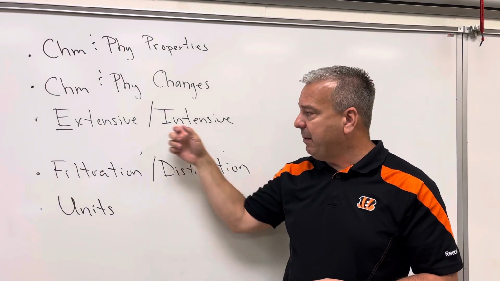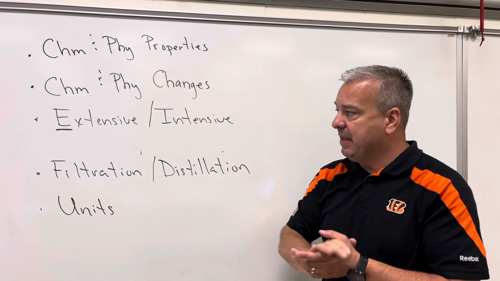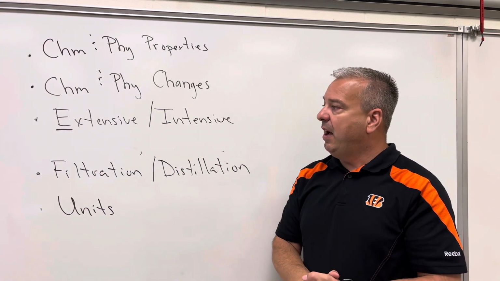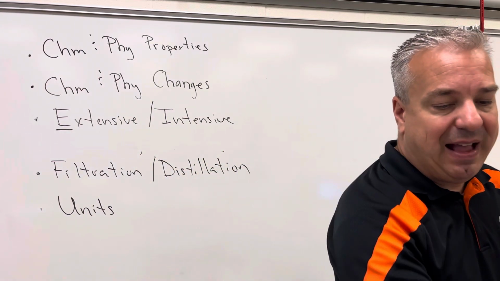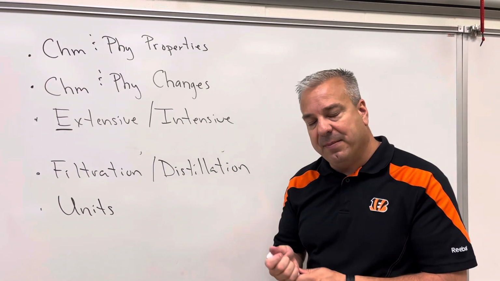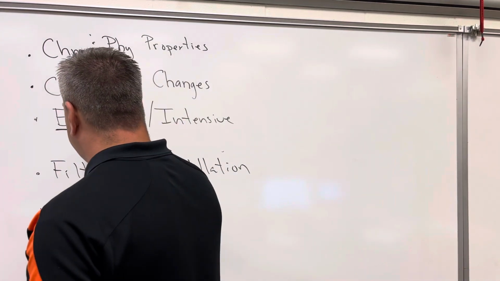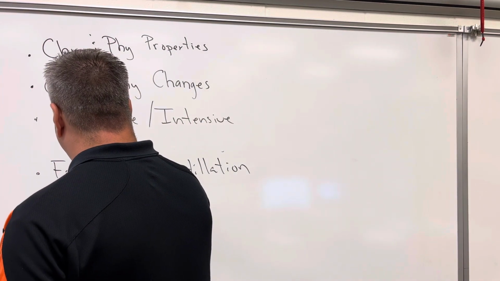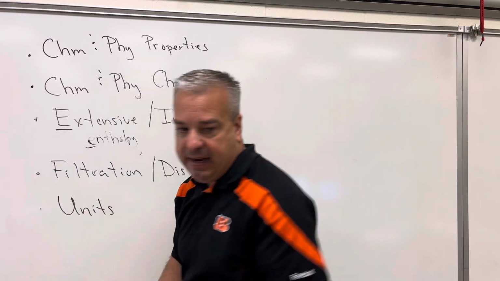A couple of vocabulary words give people a little trouble, because I don't think they've seen them before they've taken AP Chemistry or college level chemistry: the terms extensive and intensive. And I have a mnemonic. I don't think it's a strong mnemonic device, but I match up the E of extensive with the E in enthalpy.